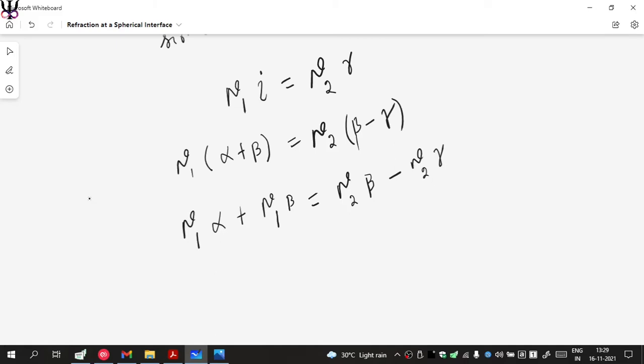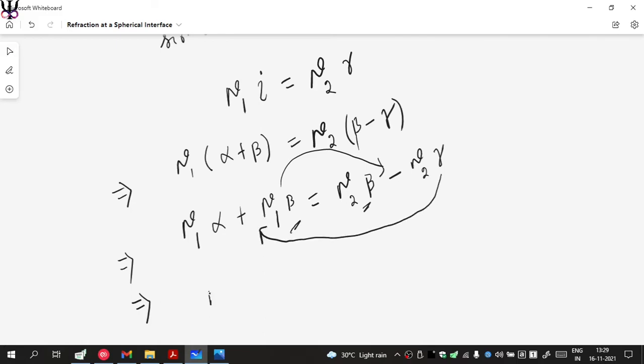How do we rearrange this? There are two beta terms, so we take this beta term to this side and bring the gamma term to this side.